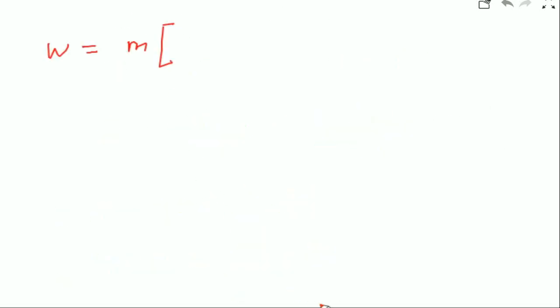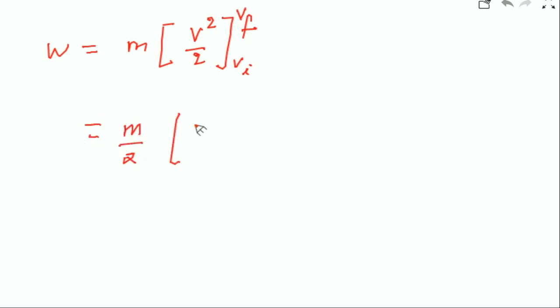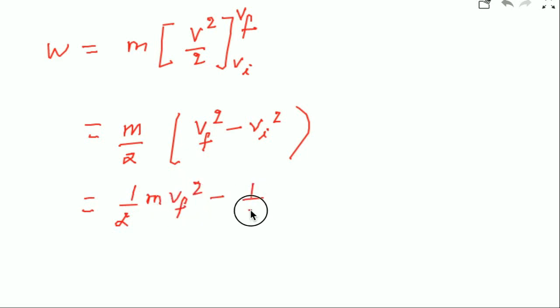The integration gives v square by 2, from v initial to v final. So you can write m by 2 times (v final square minus v initial square). You can also write it as half m v final square minus half m v initial square.